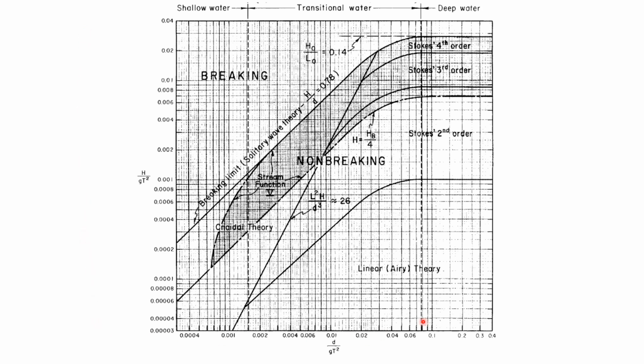So for different depth and different wave height, we have different categories of wave. Notice here that for large water depth we have deep water, small water depth we have shallow water, and in between we have the transition water.